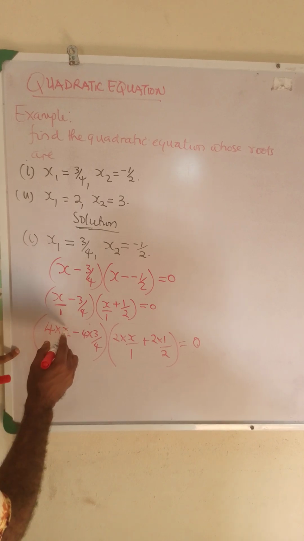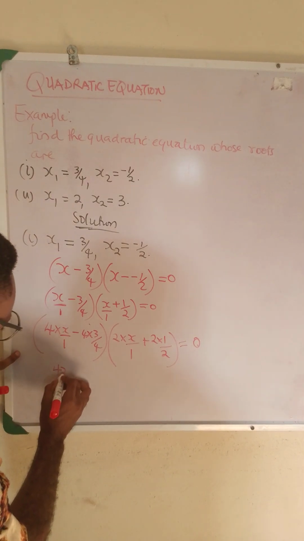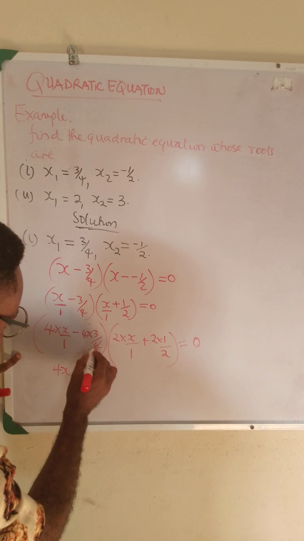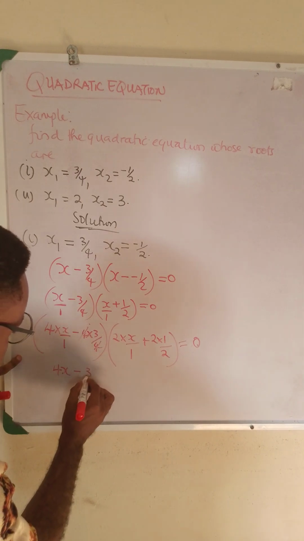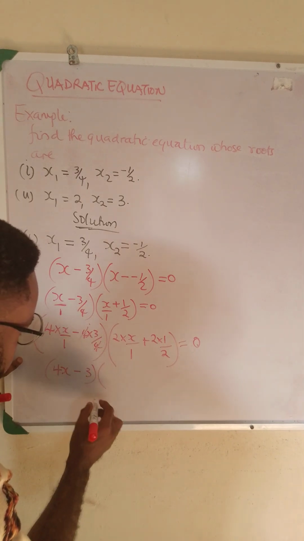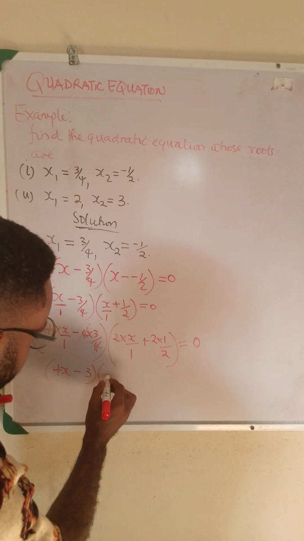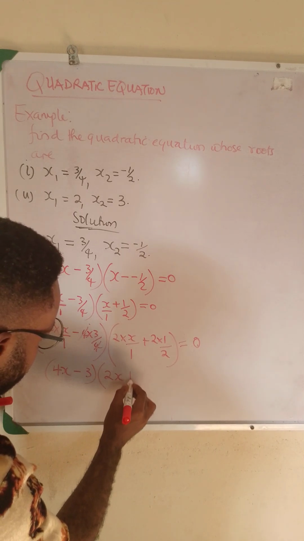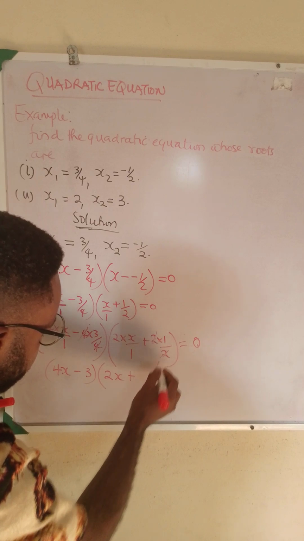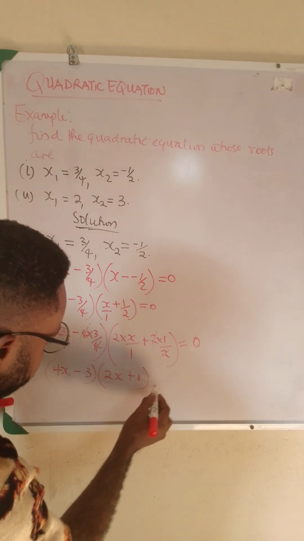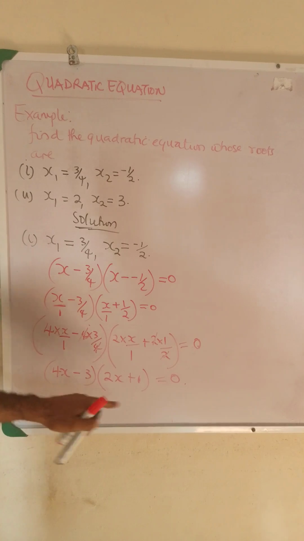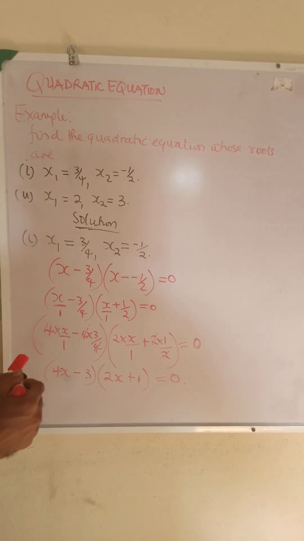So 4 times x over 1 will give us 4x here, minus this can cancel out, so this will be 3. We put it in brackets, into 2 times x all over 1 is 2x, plus this can cancel out, so this will be 1 equal to 0. So we can decide to expand this bracket.